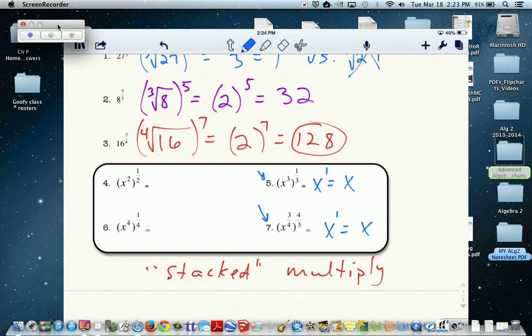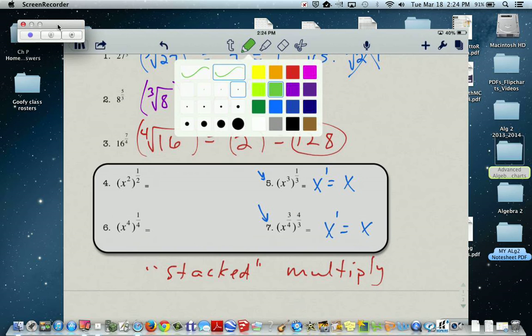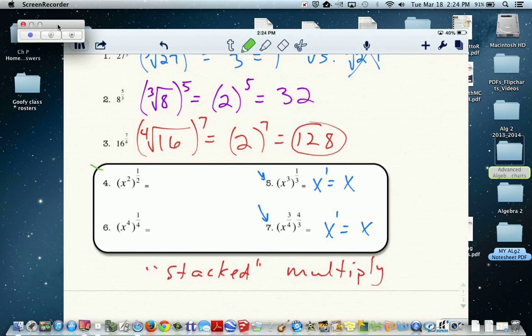We have to be a little bit more careful with numbers 4 and 6. Because in number 4 and 6, the power here is even. And if the even power is there first, you have to remember to do the square root. So when you take x squared to the 1/2 power, if you were solving this, you'd want to talk about doing plus or minus.